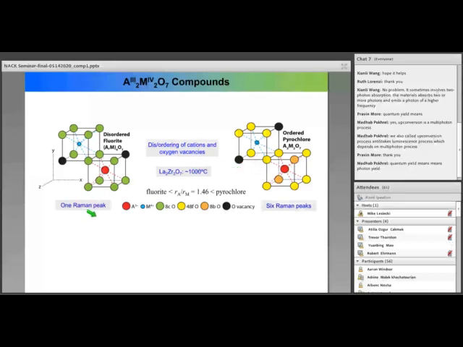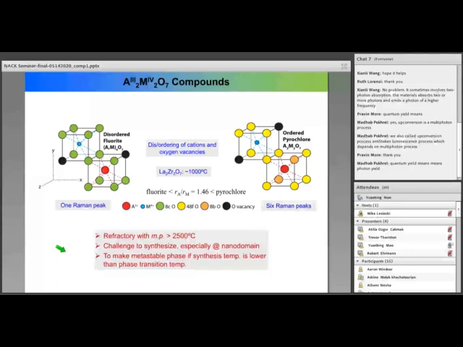So one technique we use to differentiate these two structures is Raman spectroscopy, because of the random oxygen vacancy locations. For this structure we will only get one Raman peak, but by quantum calculations we get 6 Raman peaks. I will show some data there.